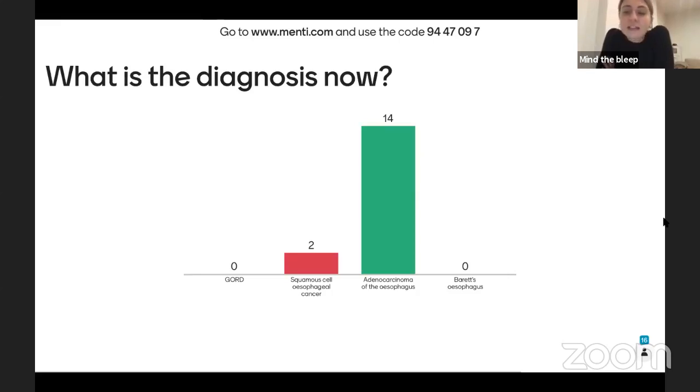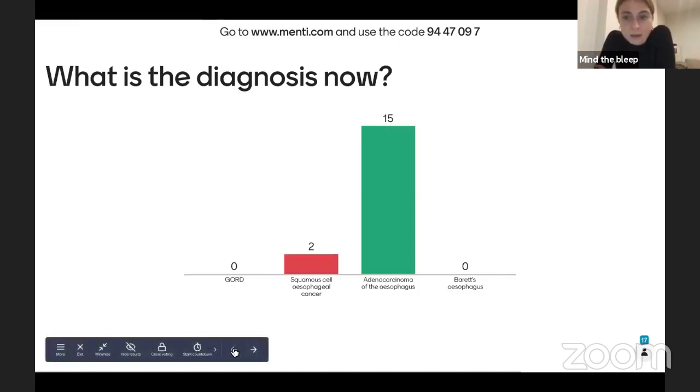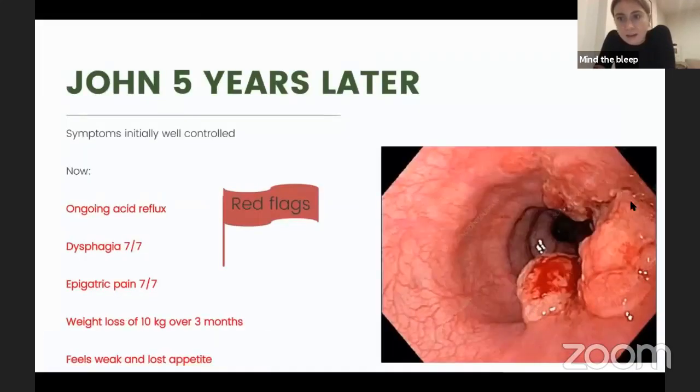Okay, so you've rightly identified that now it's not simply gastroesophageal reflux disease or Barrett's. There's something sinister going on. So not only does John have red flag symptoms, but he also does have a visible tumor on his endoscopy. So let me just go back. So you can see that this in here, all of this is a tumor.